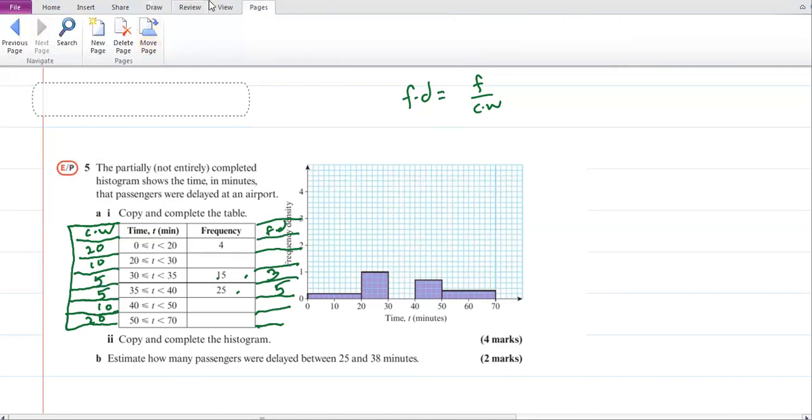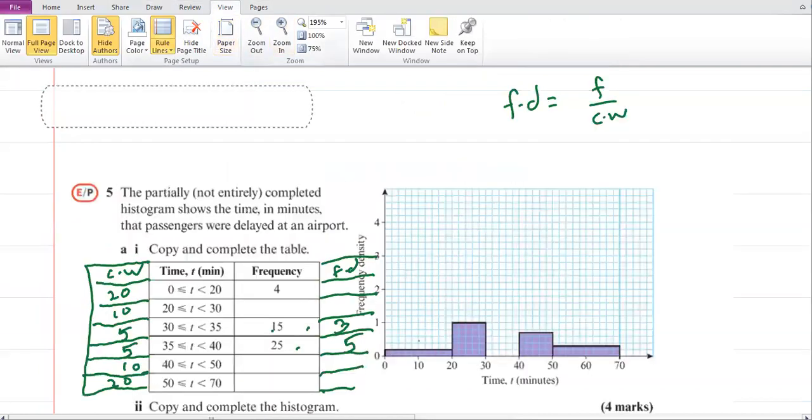Let me zoom a little bit. How many boxes are making one, because on this side is frequency density? Like 1, 2, 3, 4, 5. 5 boxes are making one. It means one box is 0.2. So for this first one, the frequency density is 0.2.